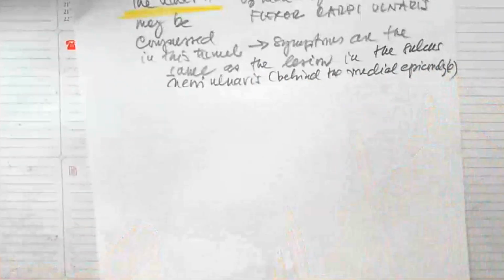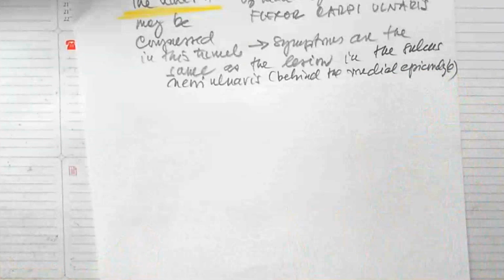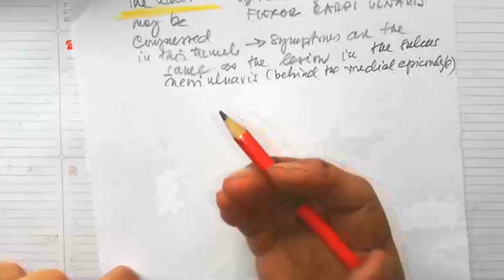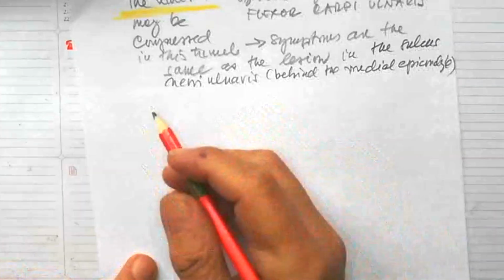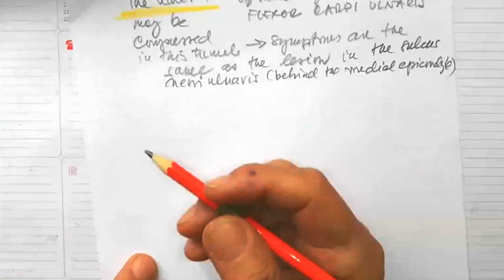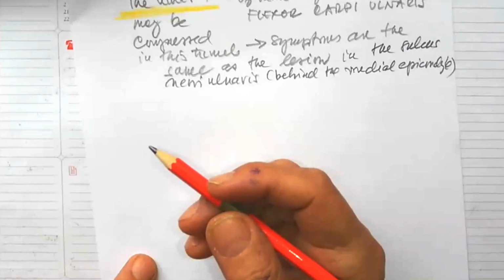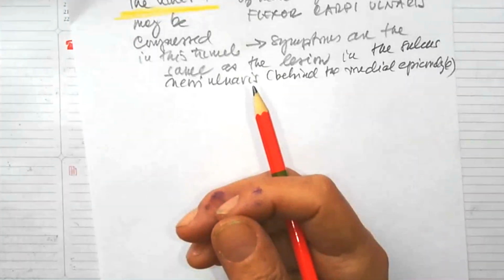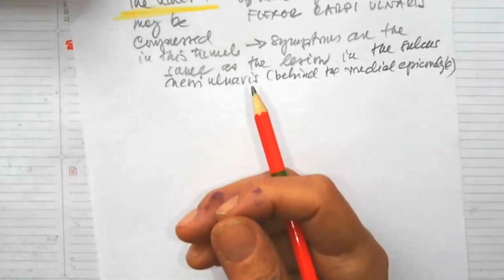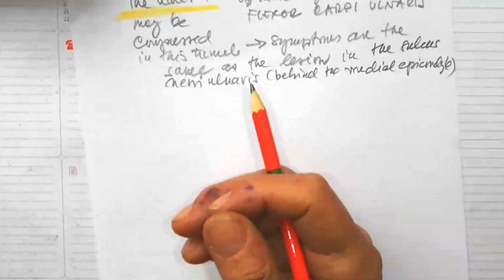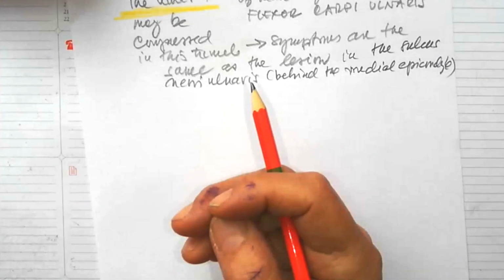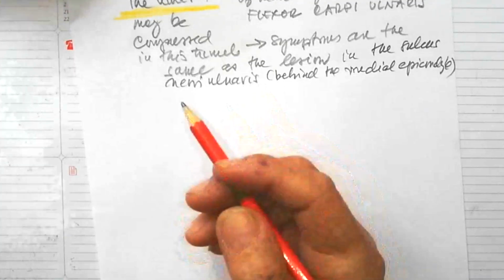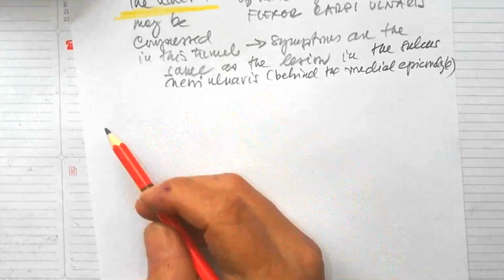And we know the symptoms because if the ulnar nerve is compressed, the hypothenar is not under control, then the deep lumbricals are affected, and also it results in a typical view when we see the hand.